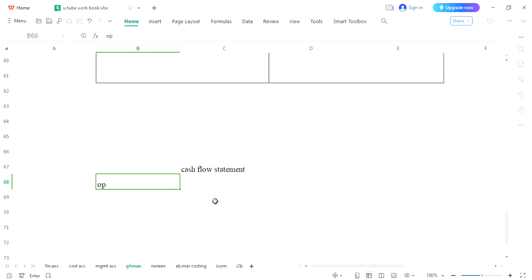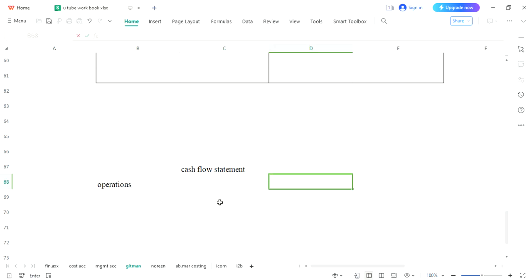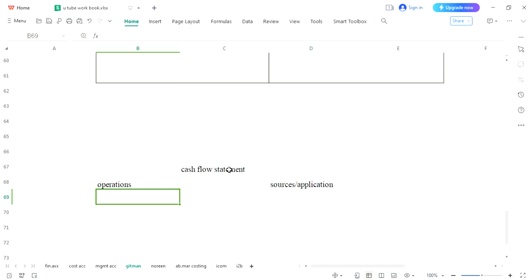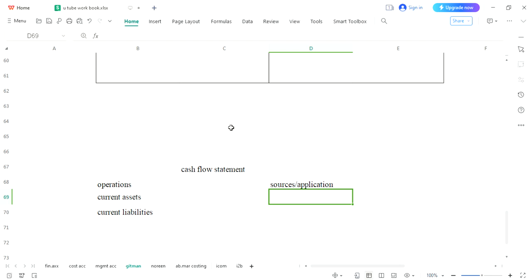One from operations, second from sources and application. From operations, we will be related with current assets and current liabilities. Sources and application are related with fixed assets and fixed liabilities.